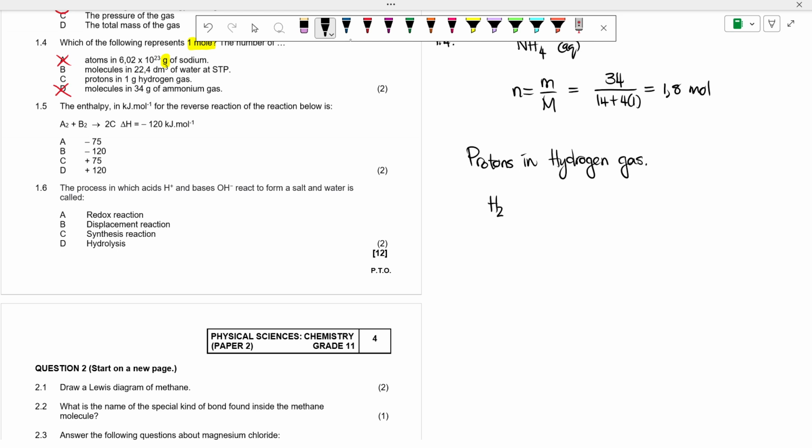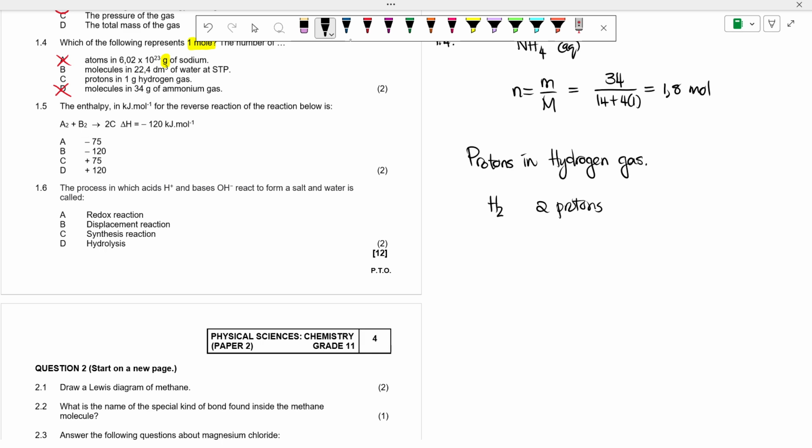So how many protons do we have in H2? In 1H we have 1, so in H2 we have 2 protons.